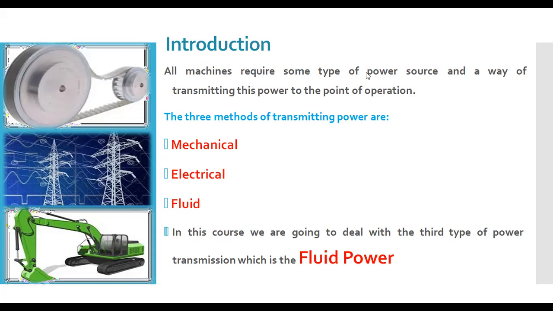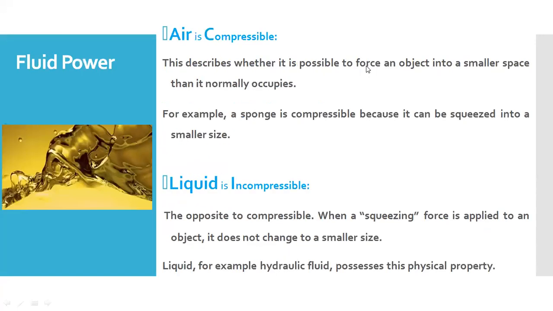So next I discussed with you that air is compressible. This describes whether it is possible to force an object into a smaller space than it normally occupies. For example, a sponge is compressible because it can be squeezed into a smaller size.